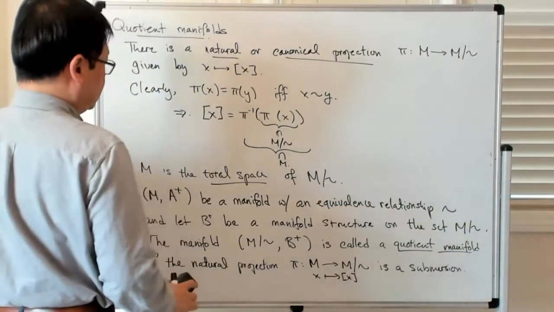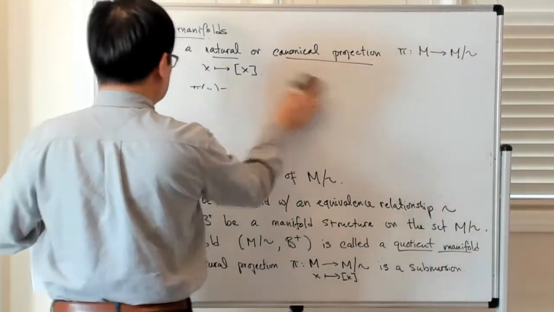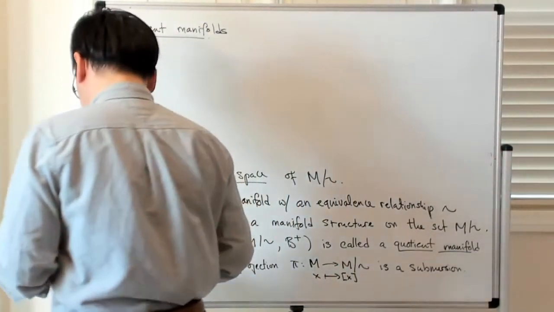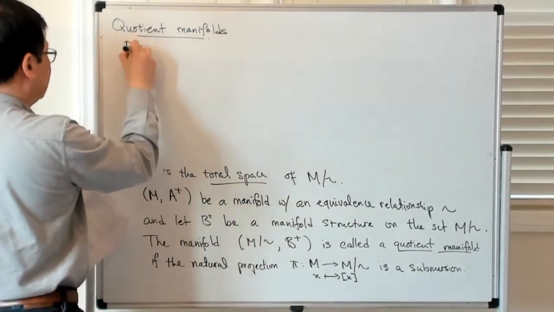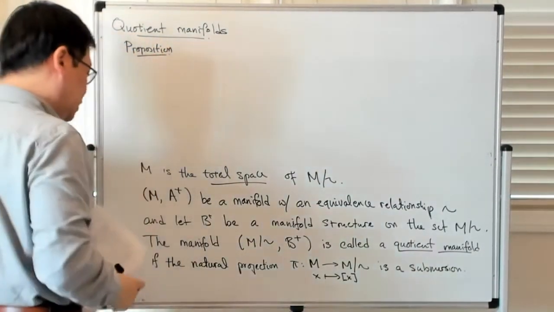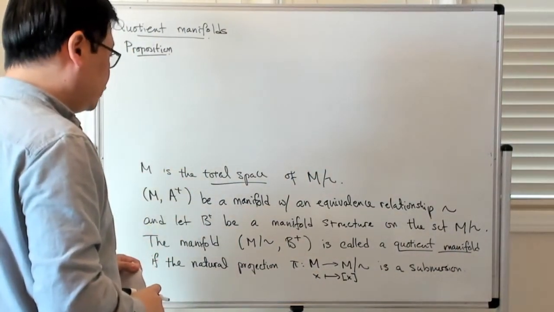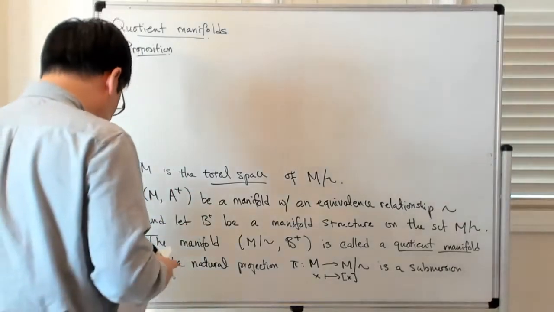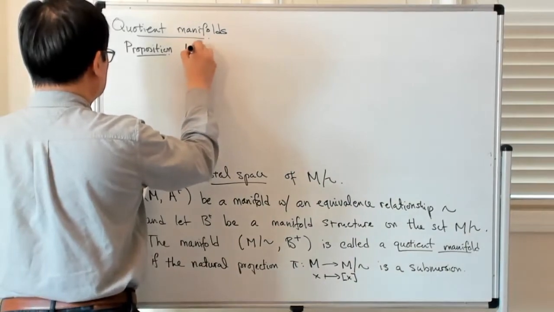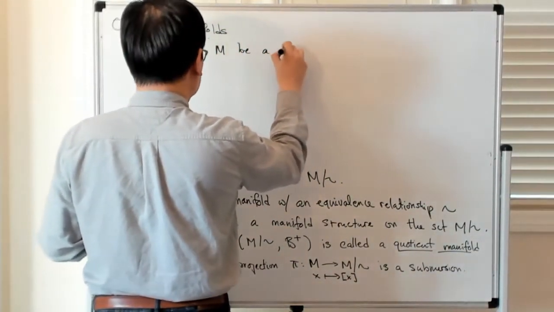All right, so let's state a few propositions about this. The first proposition says basically that this manifold structure which makes M quotiented by the equivalence relationship a quotient manifold is unique if it exists. So let M be a manifold.